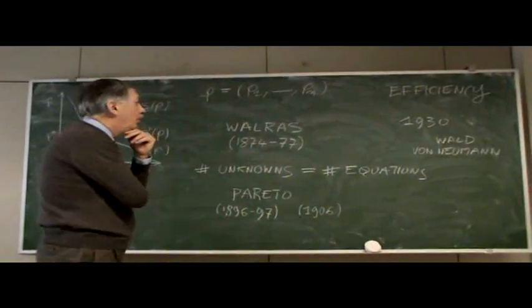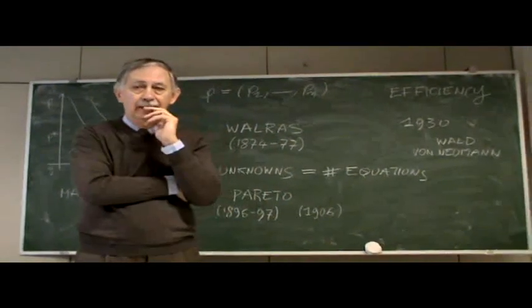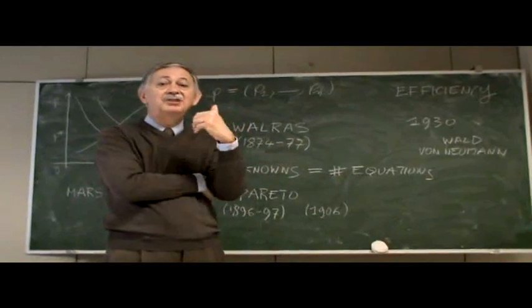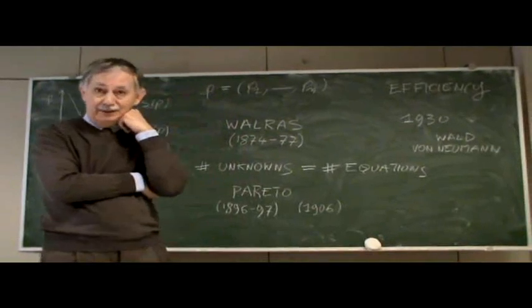This is the case of superabundant goods, in contrast to the case of scarce goods, which were considered mainly by Walras and Pareto.